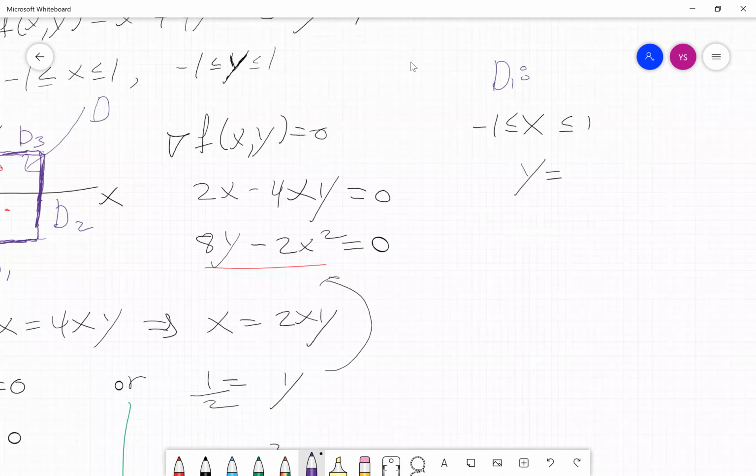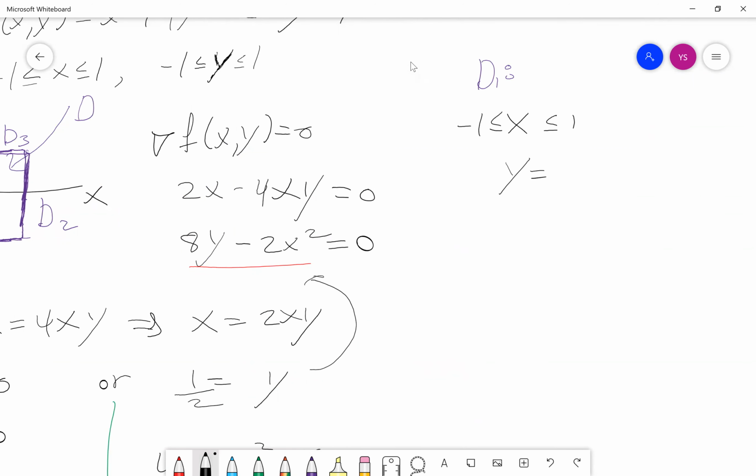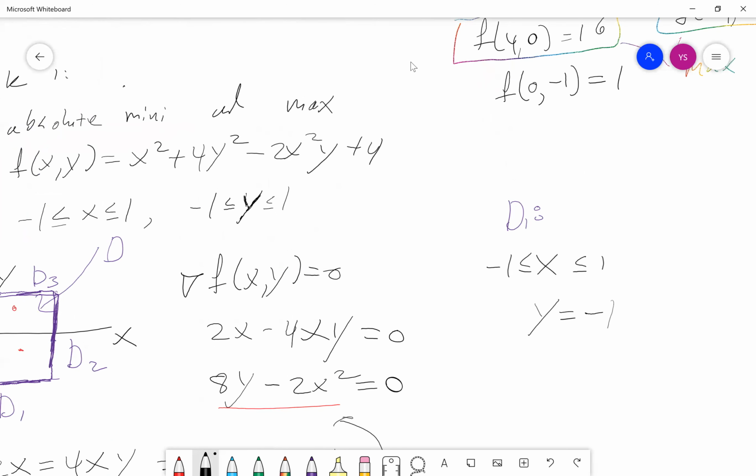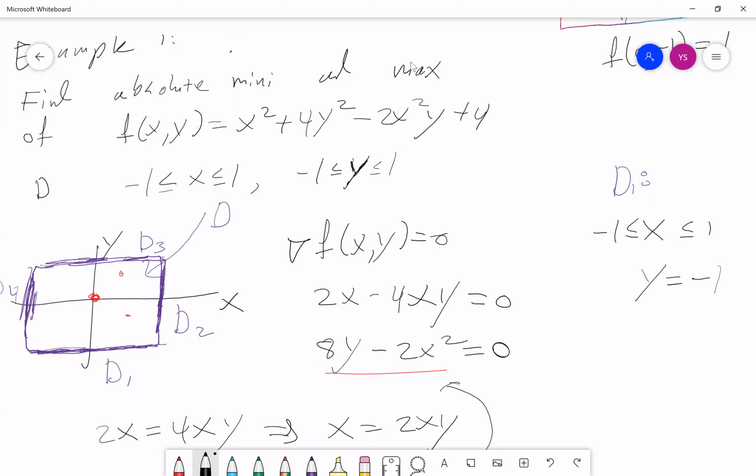Yes, y is equal to -1. Once we know this, we can plug that into our equation and get a function only in terms of x. So a one-dimensional function, which makes sense. On this part of the boundary, our function is only a function with respect to x.